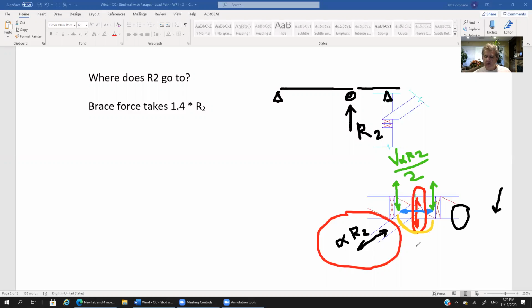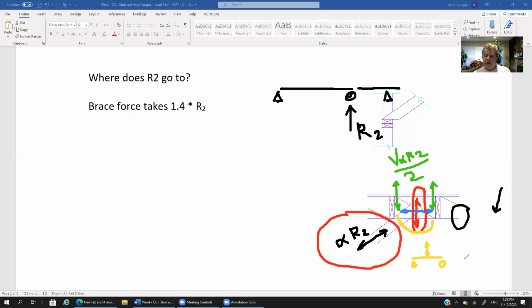But in essence, what you have here is almost the block. You can model that as a little simply supported beam, simply supported on the left side by one rafter, on the right side by the other rafter, and then you've got this concentrated force in the middle acting up or down.